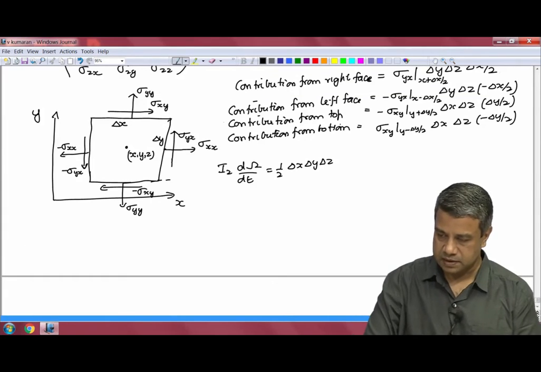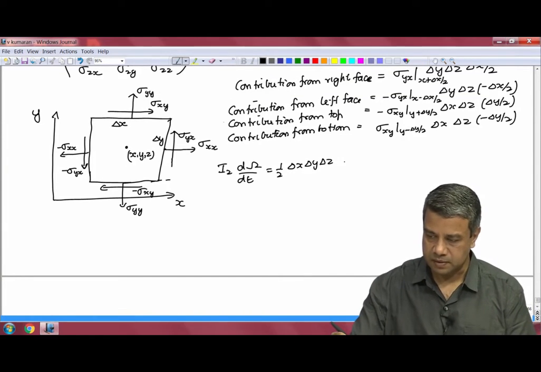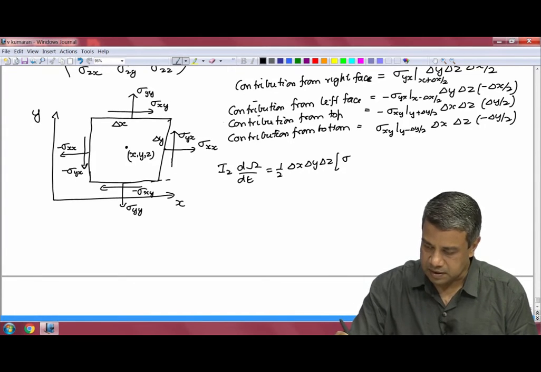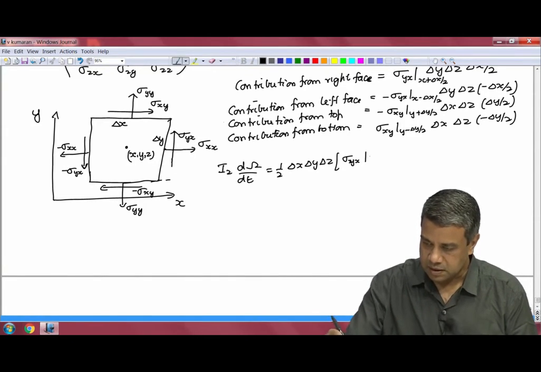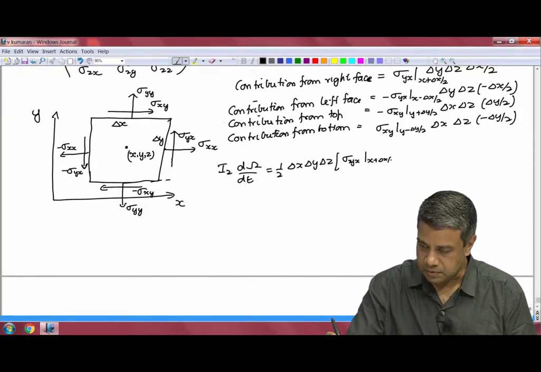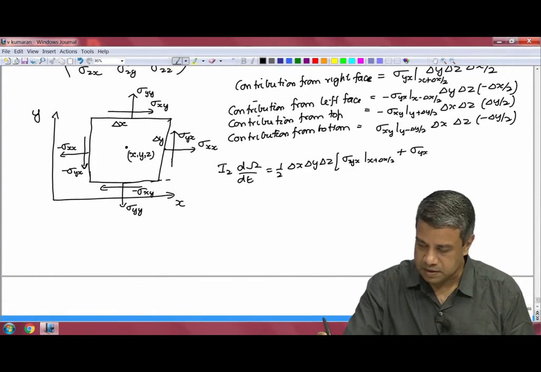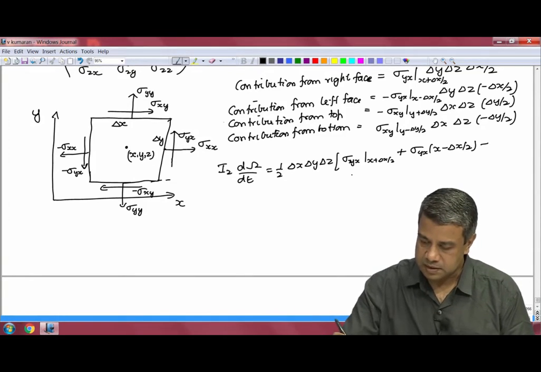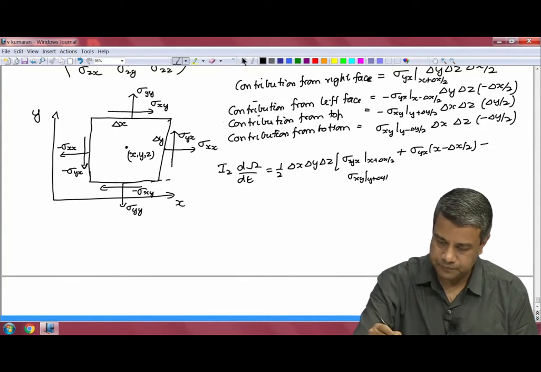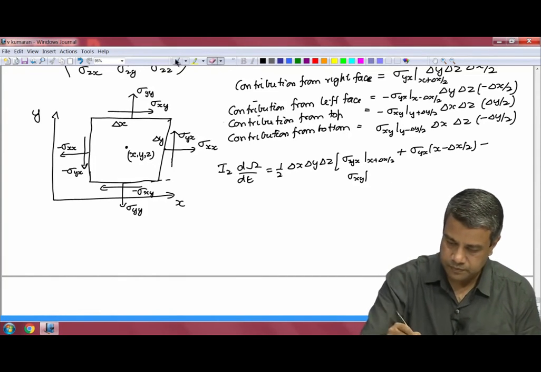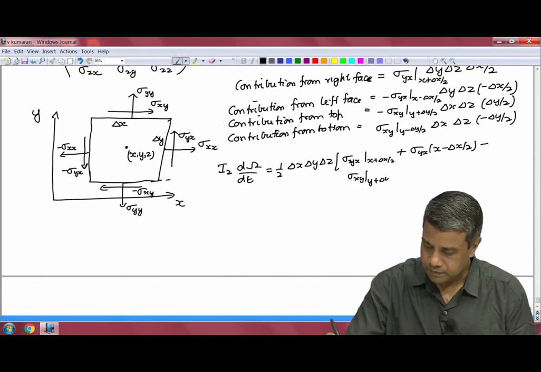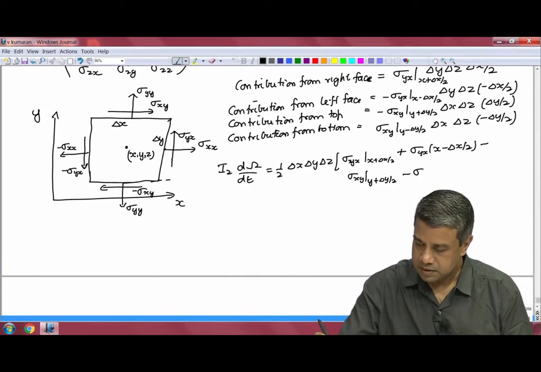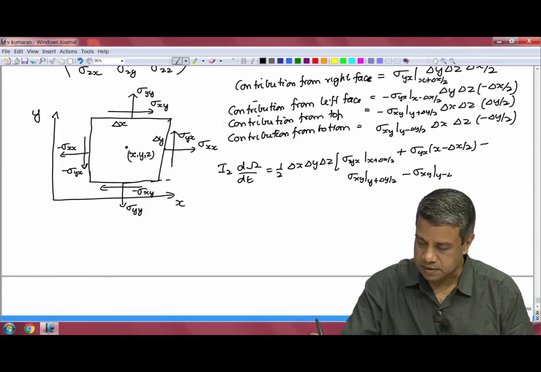If I add up all of these, in the brackets I will get sigma yx at x plus delta x by 2 plus sigma yx at x minus delta x by 2, minus sigma xy at y plus delta y by 2, minus sigma xy at y minus delta y by 2.